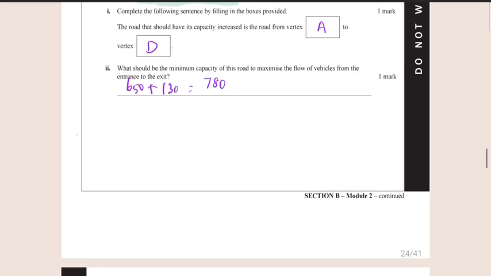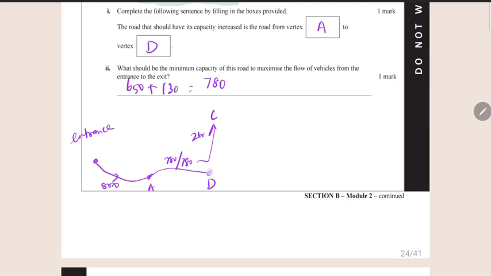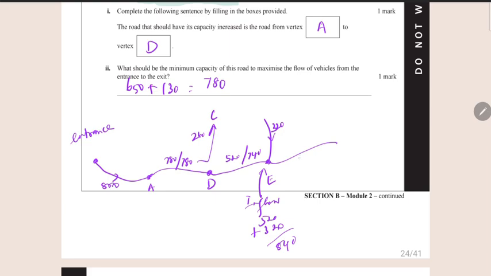So if you were to see the flow from the entrance to A and to D, that was 800, with 780 of 780 going to D, and the remaining 520 could have gone through here to point E. The inflow here is 520 plus 320, which is 840, which could have gone through here to F, where the inflow is another 620.